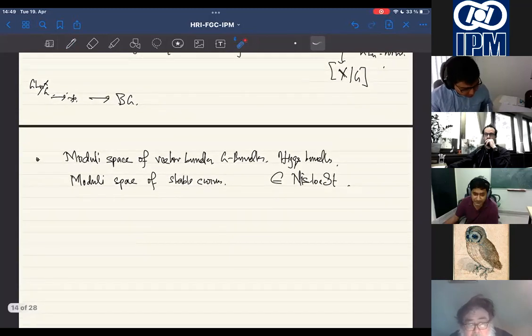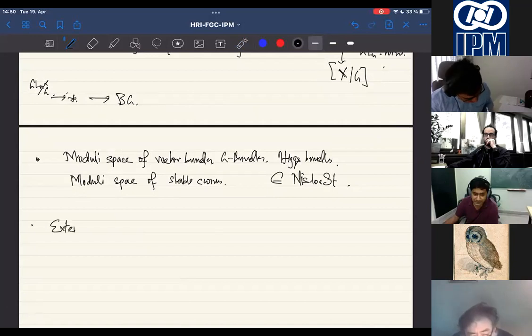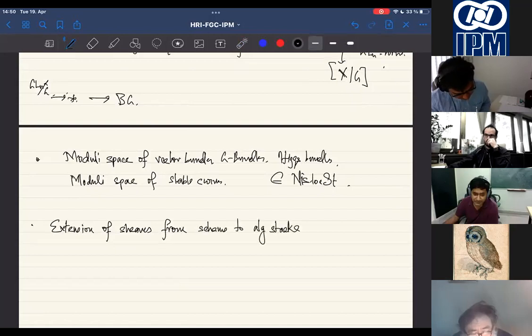So these are the examples that I can give, and now I can state the first theorem that comes in my thesis. This is the extension of sheaves from schemes to algebraic stacks. So what is the theorem?